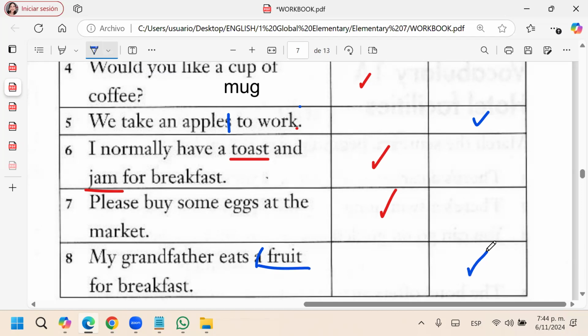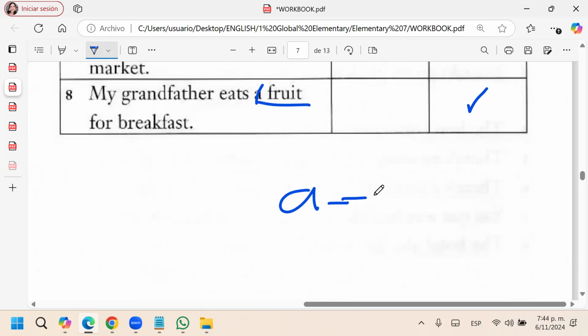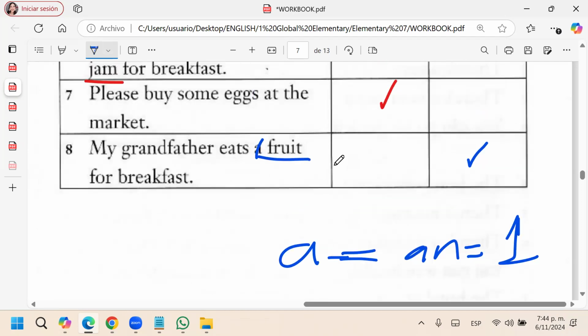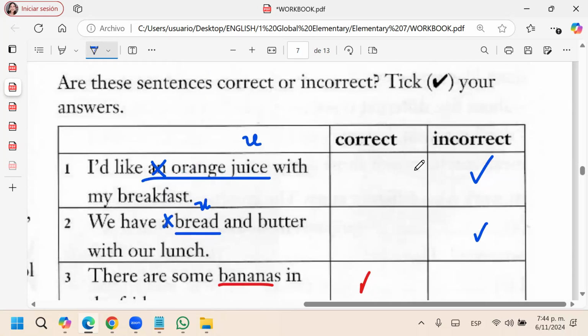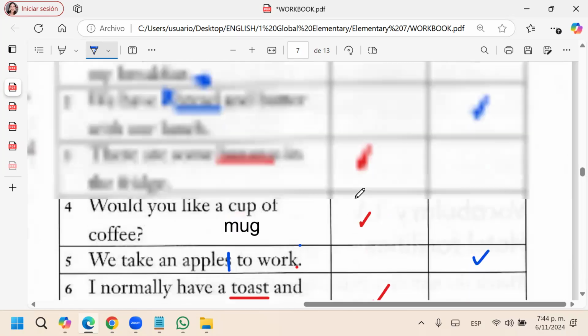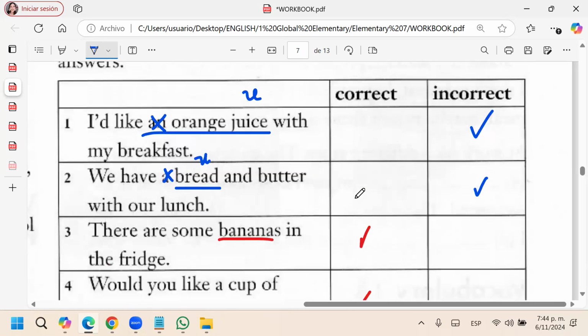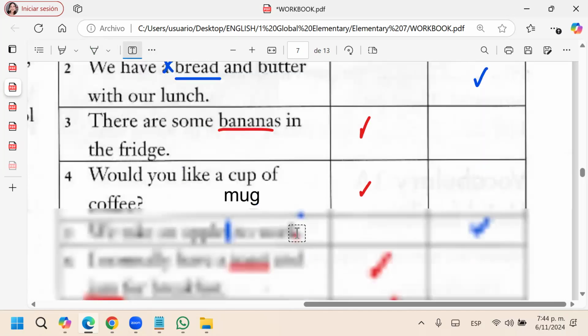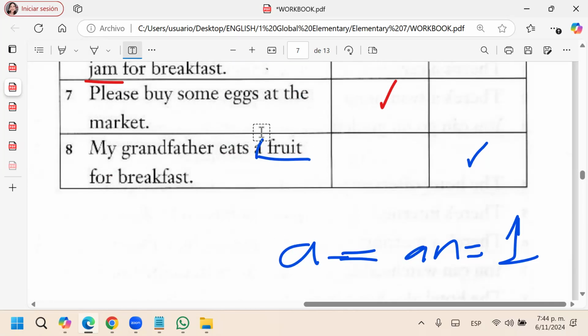Cuando le digo que es incontable, es que no puedo decir ni uno. 1, 2, 3, no. And A or an is one. So I cannot say a fruit, one fruit, because fruit is uncountable. I cannot say 1, 2, 3, 4. Esto capaz en la vida real no le paran mucho, pero para hablar un poquito mejor podemos decir my grandfather eats some fruit.